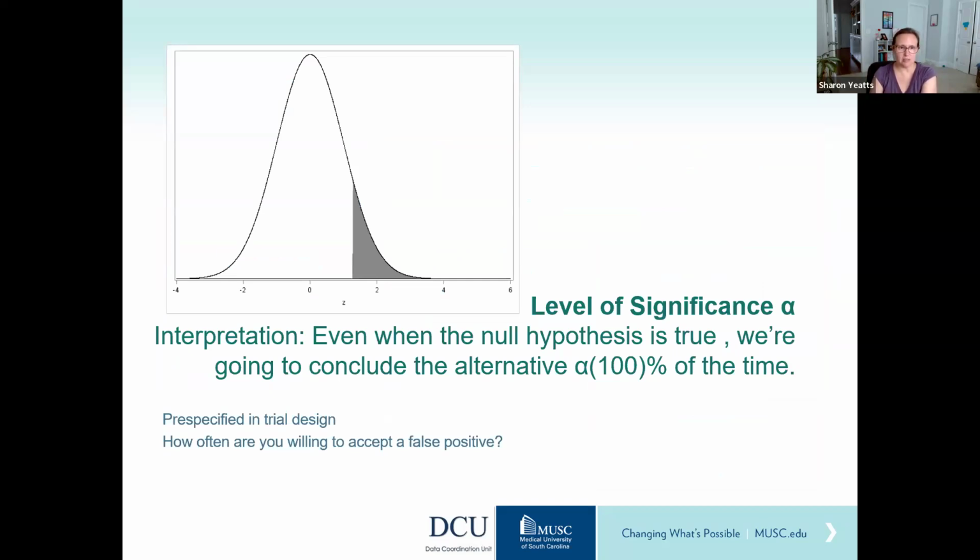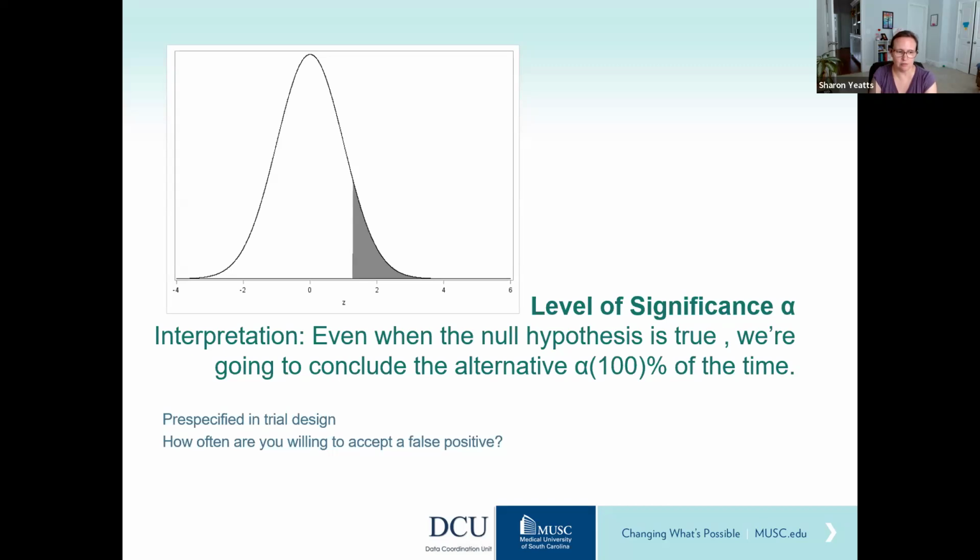I promise there won't be a lot in this talk, but the level of significance is important to understand because it does play into our power and sample size discussions. So the interpretation of the level of significance is that even when the null hypothesis is true, we're going to conclude the alternative alpha times 100% of the time, right?